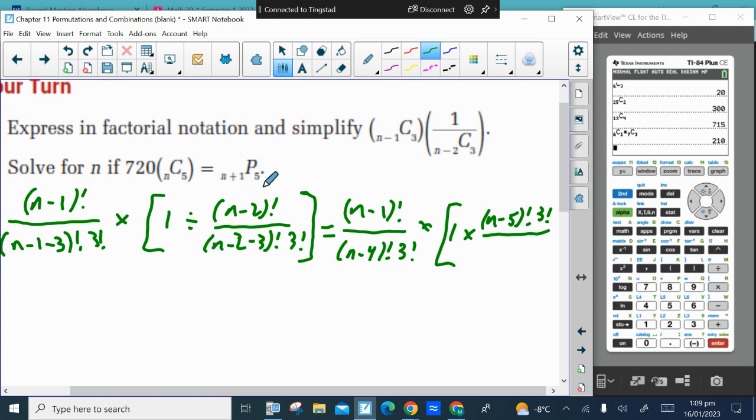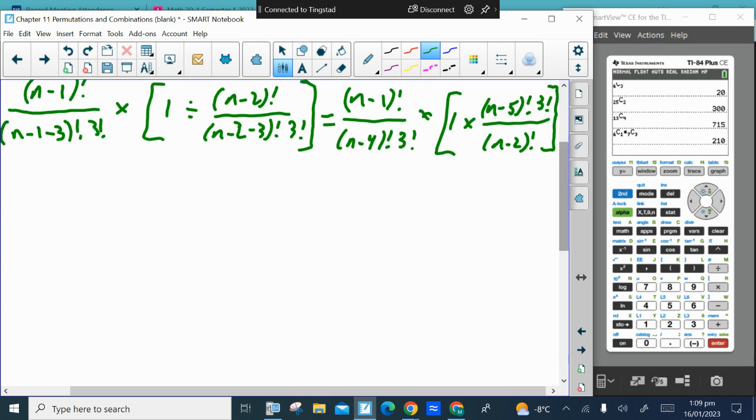And the top goes to the bottom, and that's (n minus 2) factorial. Now, obviously, 1 times that expression is just the expression, so we can just forget about this 1 times part, because 1 times anything doesn't change it.